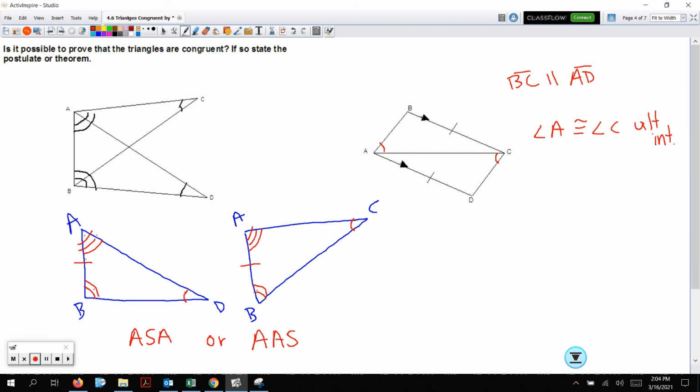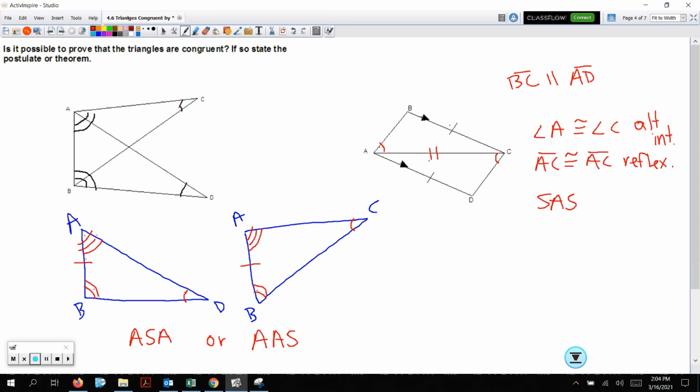Okay, and then we know AC is congruent because it's reflexive. Reflexive. Again, I'm going to just abbreviate. And now, do I have enough information, right? I have a side, an angle, and a side. So, side, angle, side. It's got the SAS.